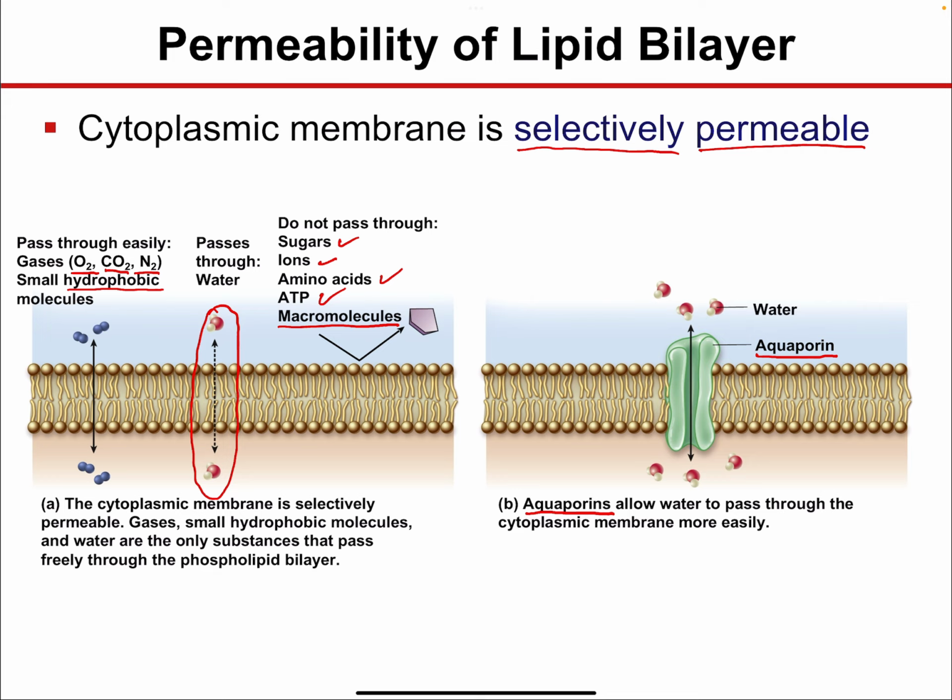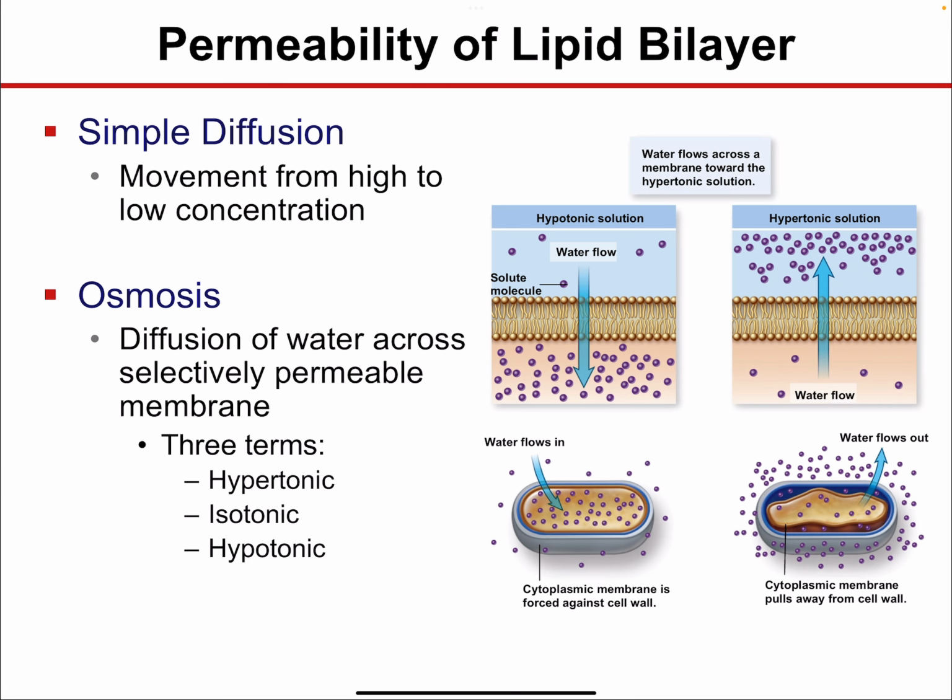We're going to call this type of movement simple diffusion. That simple diffusion, again, is the movement of molecules or chemicals from a compartment of high concentration toward a compartment of low concentration, right?